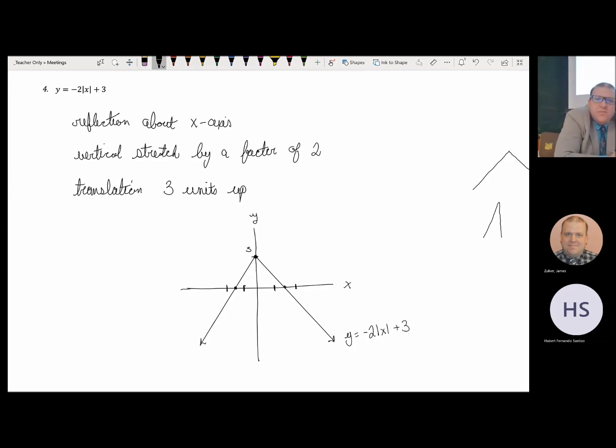That'd be a sketch of our graph. Good enough for government work.